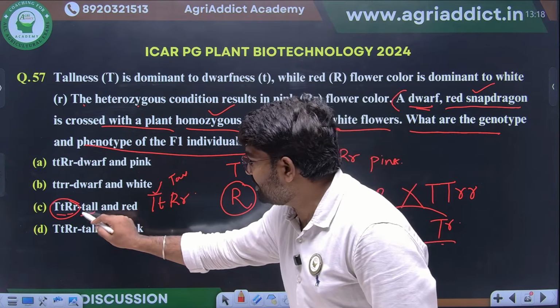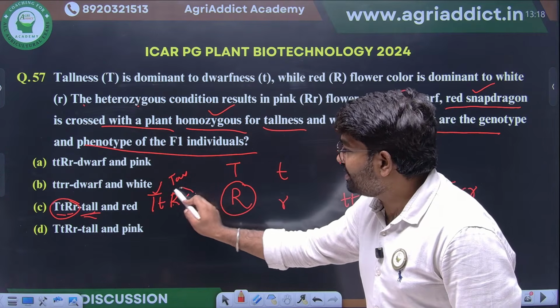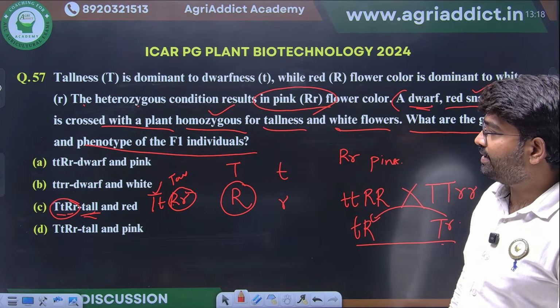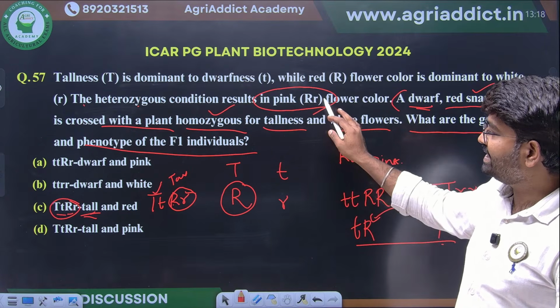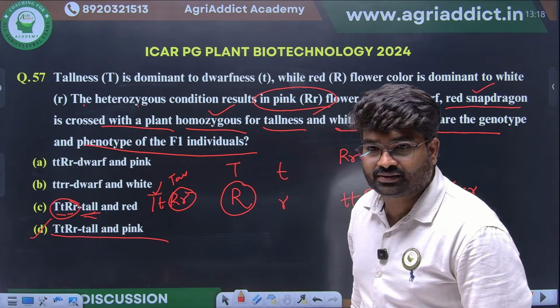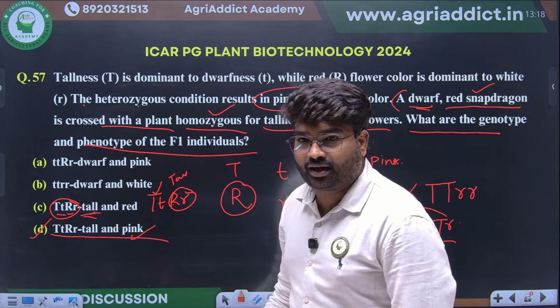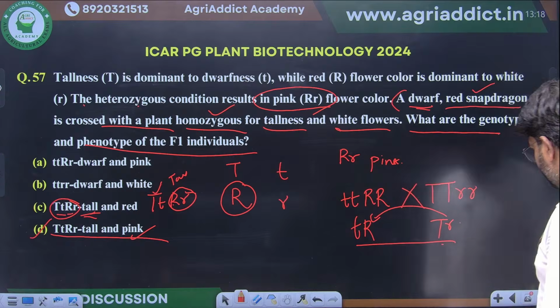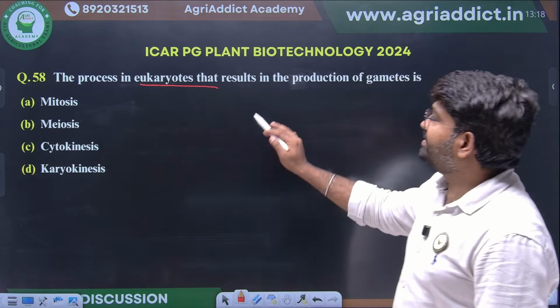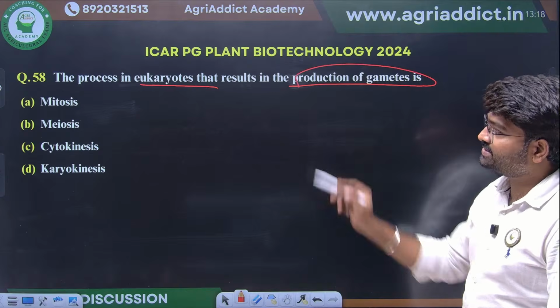Capital R and small r means that will give pink color. So the right option is option D, tall pink. Excellent, Mani.